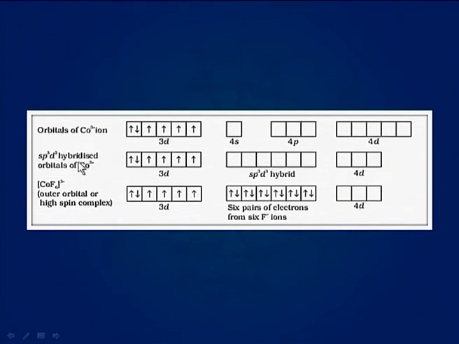Thus, for this complex, here is the electronic configuration of cobalt 3+, which is again 3d6. As the molecule is paramagnetic, these electrons are not paired. Now, the hybridization which is attained is sp3d2 and the geometry is outer orbital octahedral.